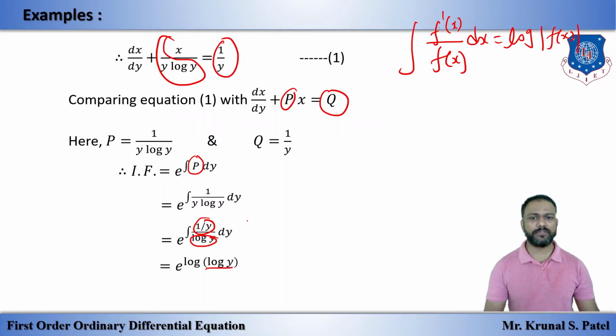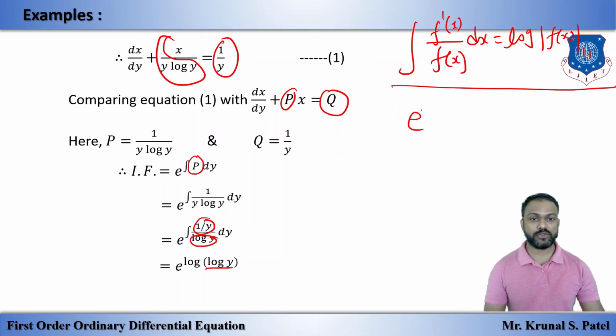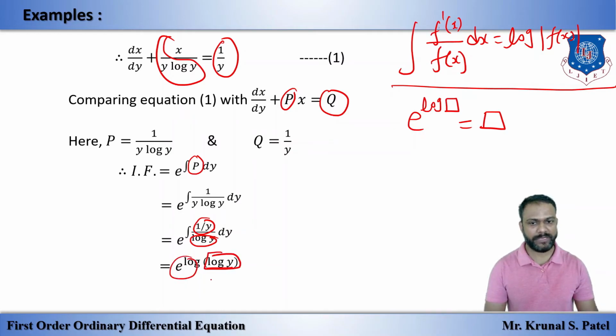Now, as I told, the simple logic is that e raised to log of anything is that thing only. So we have e raised to log of log y, which becomes log y. This is our IF.